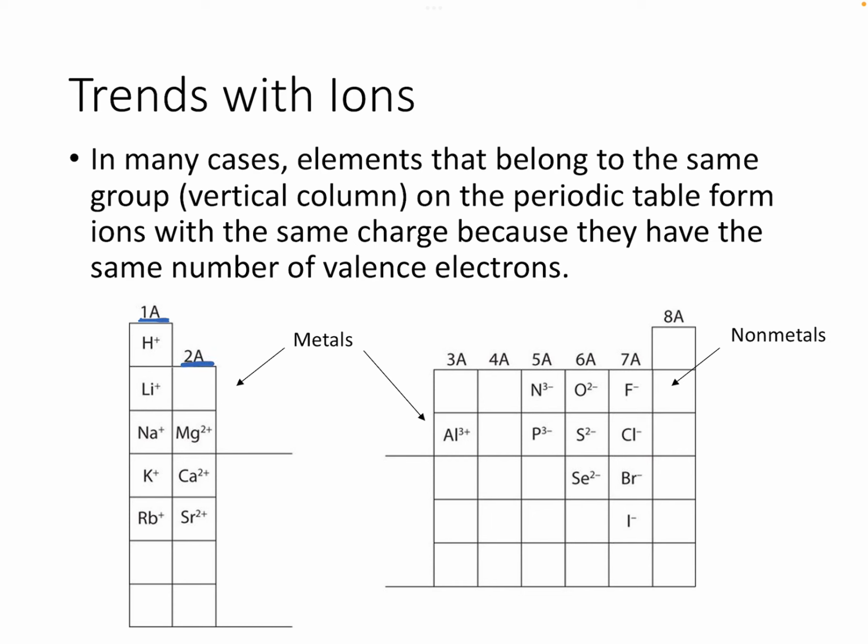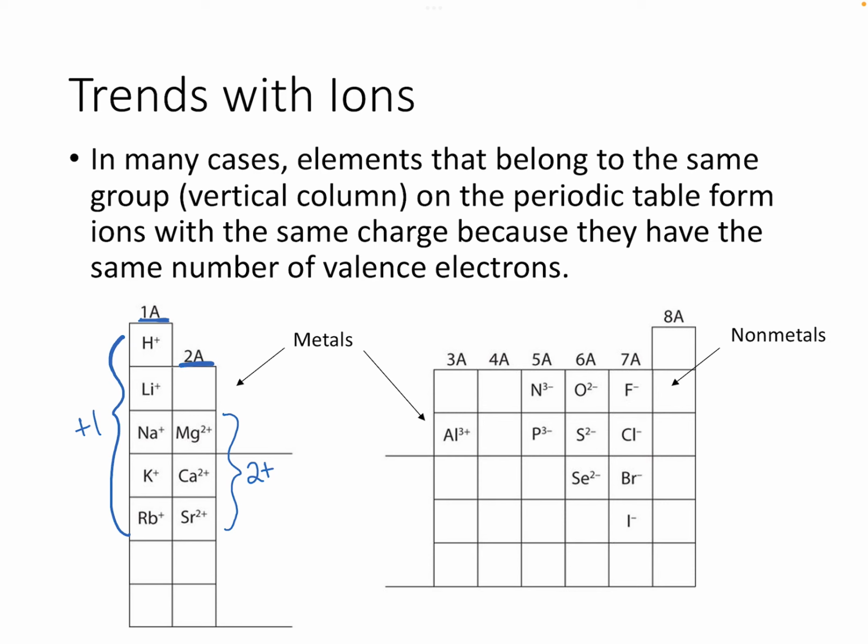Everything in column 2 has 2 valence electrons, and so on and so forth, right? So notice that on the left-hand side, everything in column 1 has a +1 charge. Everything in column 2 has a 2 plus charge, or +2 charge.